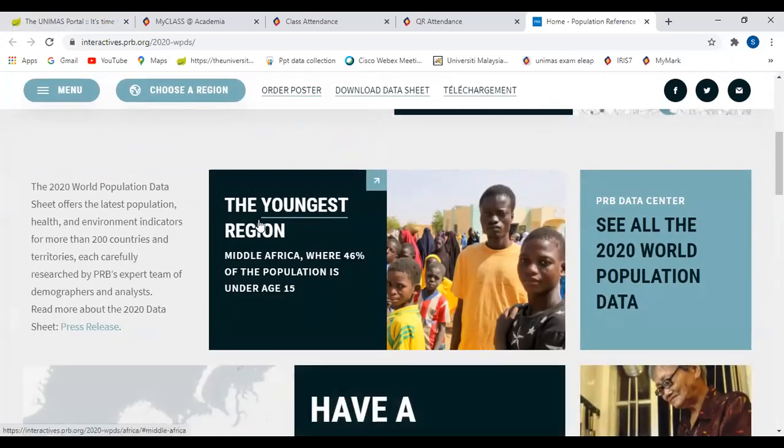So from this you can look at some information. For example, we're talking about population, young population, old population, and all that, ya. Jadi mengikut data yang ada sekarang ini, the youngest region in the world is Middle Africa, ya, where 46% of the population is under the age of 15. So the implication is sangat besar sini, ya. 46%, ya.